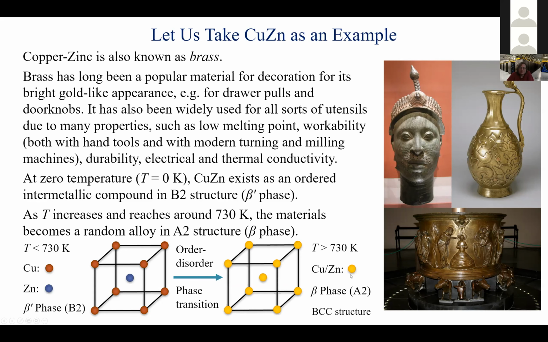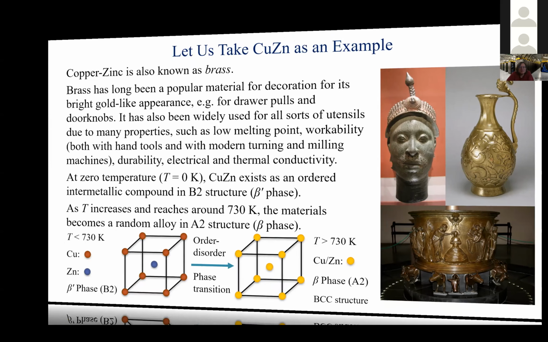I just use this particular color to represent the randomness. Given any particular site, it could be copper, it could be zinc, depending on the concentration. This is called the A2 structure, or BCC structure, no matter which way you call it.